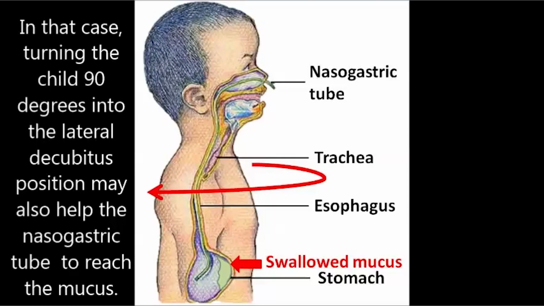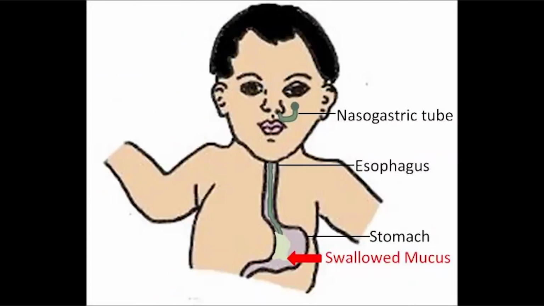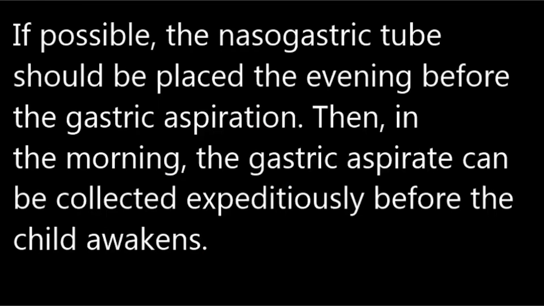In that case, turning the child 90 degrees into the lateral decubitus position may also help the nasogastric tube to reach the mucus. If possible, the nasogastric tube should be placed the evening before the gastric aspiration. Then in the morning, the gastric aspirate can be collected expeditiously before the child awakens.